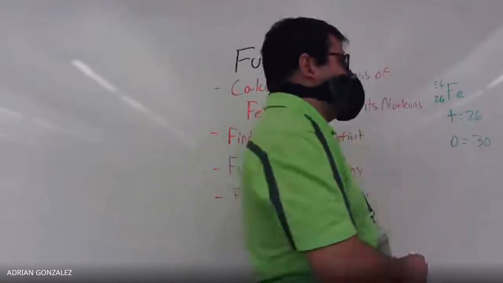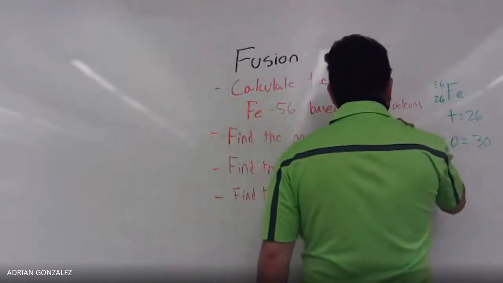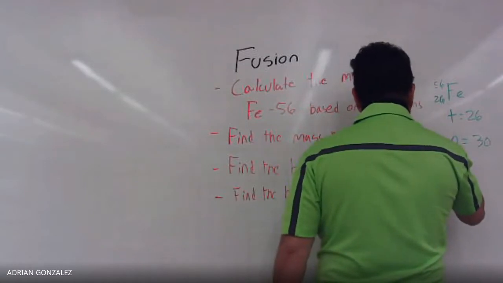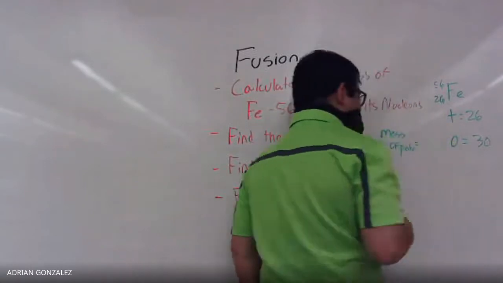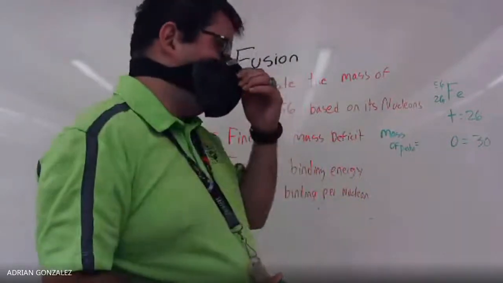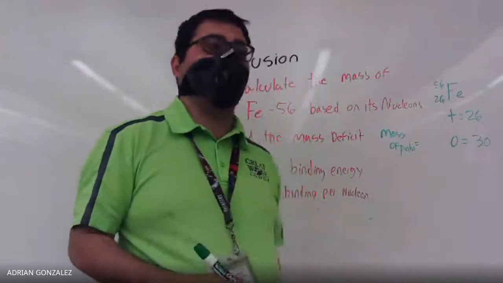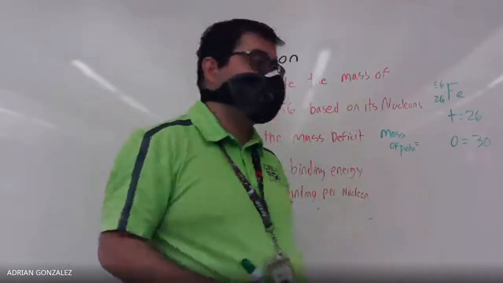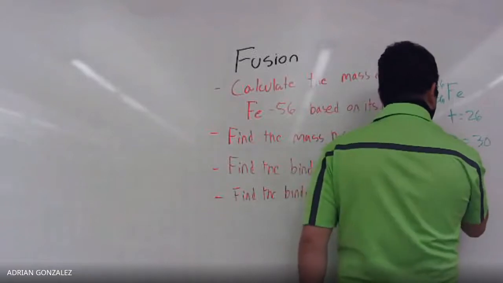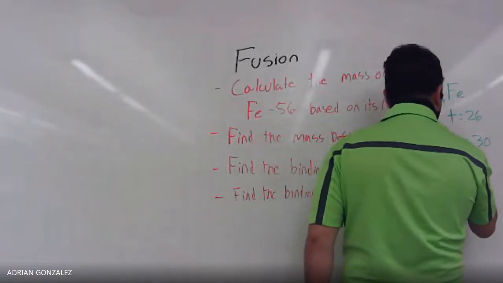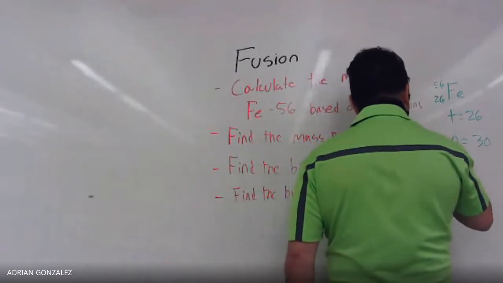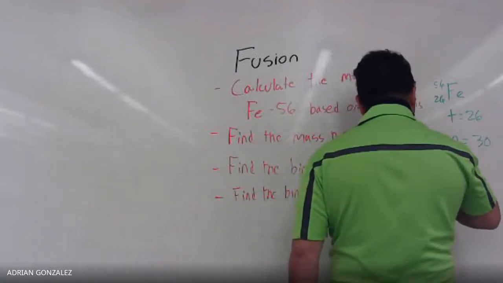What do you get for the total mass of protons? What's 26 times 1.0073? 26.1898. And what do you get for the mass of neutrons?